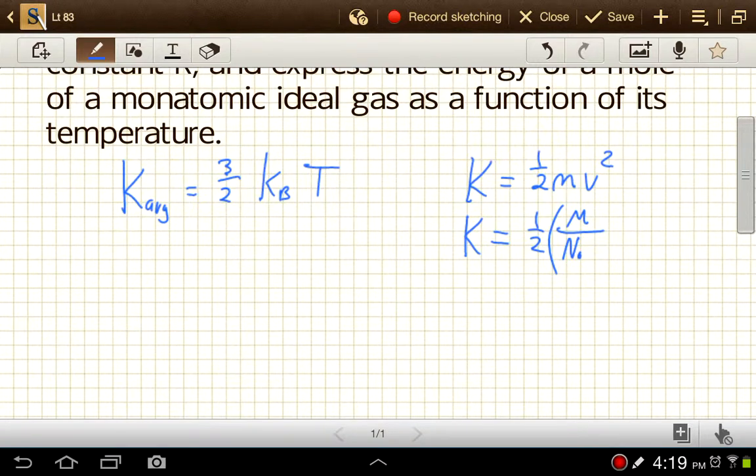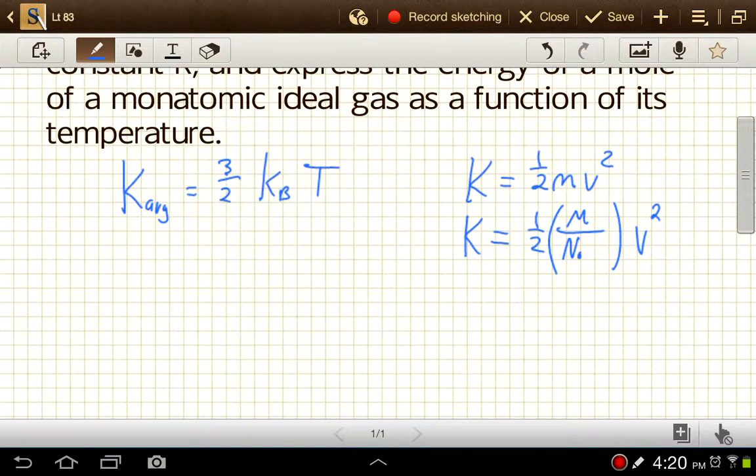The molar mass is the mass of 1 mole of a substance, and Avogadro's number is the number of particles in 1 mole. That's going to be multiplied by v squared.